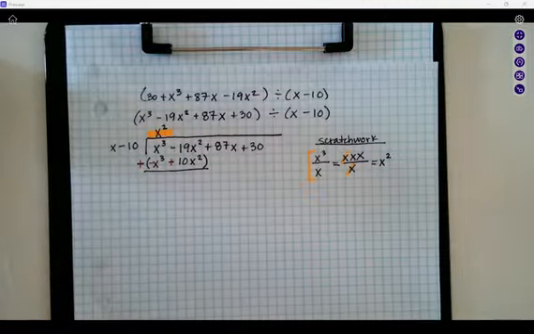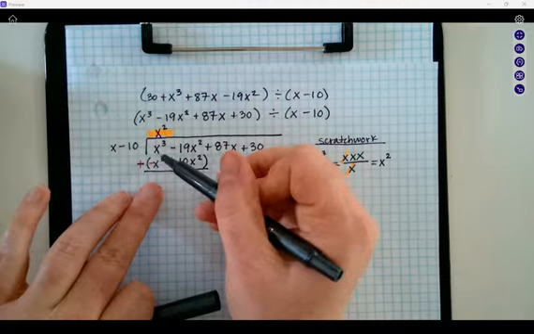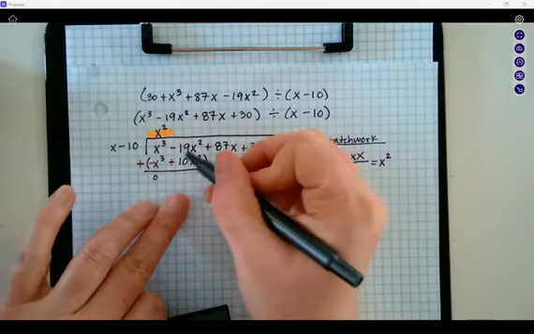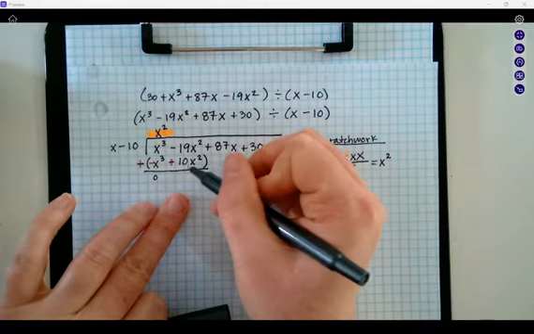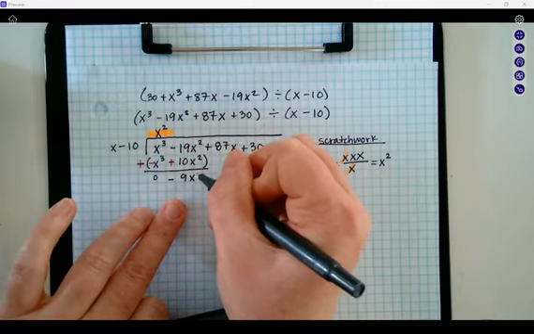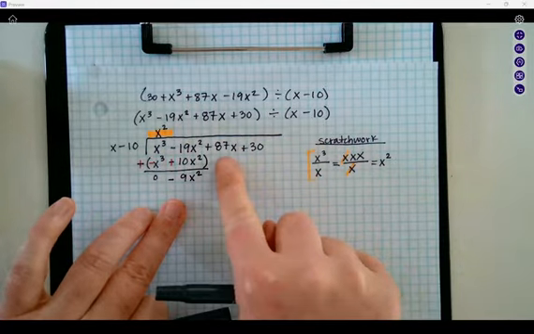So now I'm just going to simply combine my like terms. I have x cubed plus negative x cubed, that's 0. Negative 19x squared plus 10x squared, that is negative 9x squared. And then I still have these other terms.